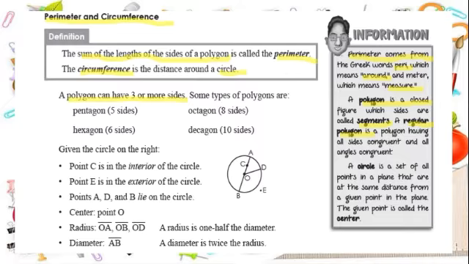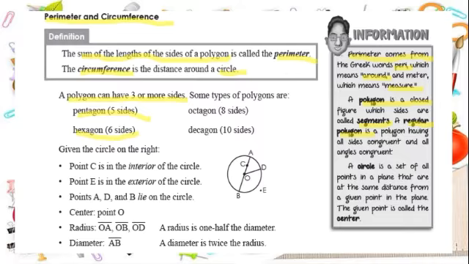Okay? So, let us have some types of polygons. We have pentagon, a polygon having 5 sides. Hexagon, a polygon having 6 sides. Okay. What do we call a polygon that has 7 sides? It is heptagon.